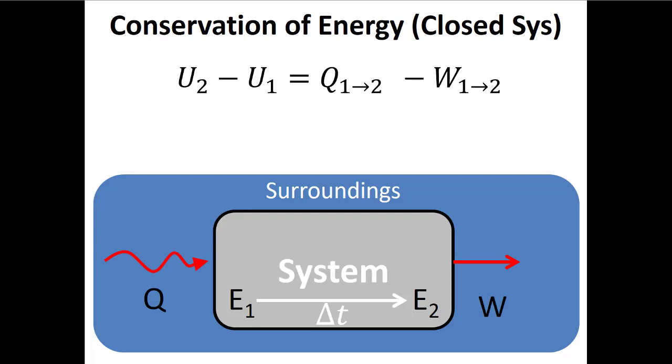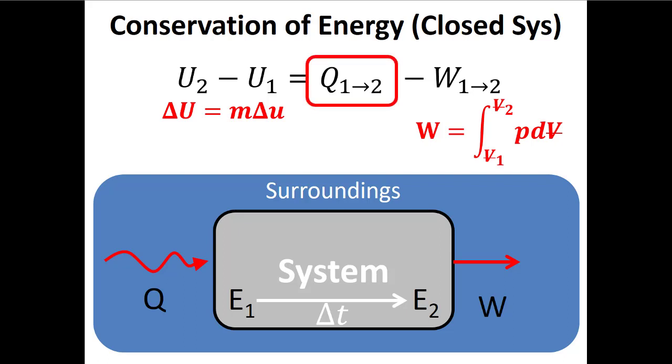But if we make that assumption, then our equation looks like this, where the change in internal energy is equal to Q minus W. We learned how to find W. That's the integral of P dV. And now we have an equation for the change in internal energy. We look for the intensive version of that property, which is little m times delta u. But then that delta little u we don't know how to get, right? But if we did, we could use it to get Q.